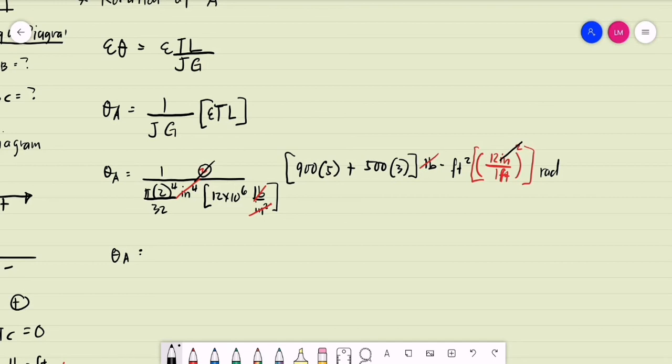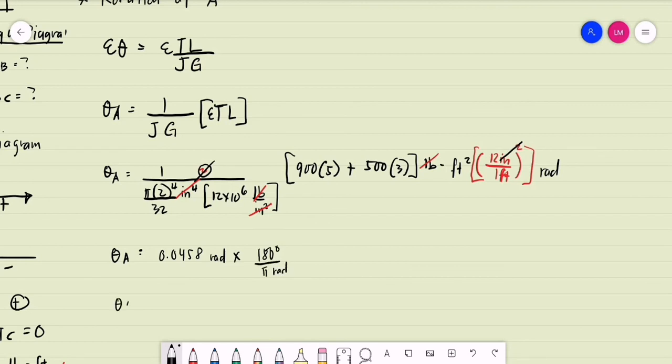So we'll be having a value, the rotation at A is now equal to 0.0458 radian. If you want this value to be in degrees, this is multiplied by 180 degrees is 2 pi rad.